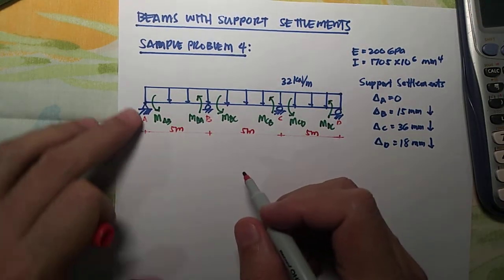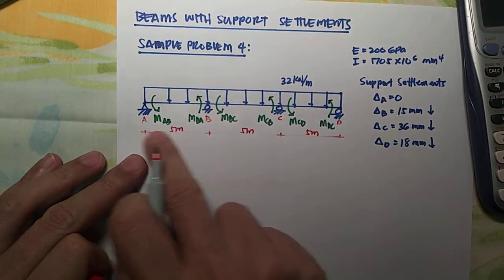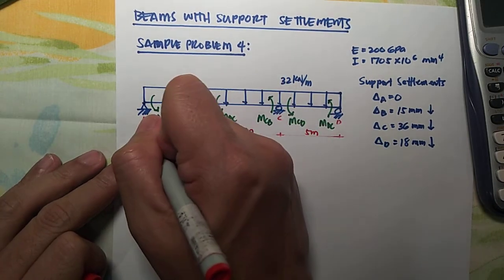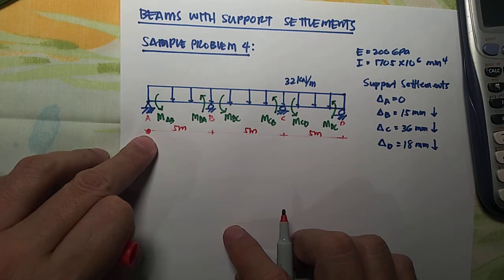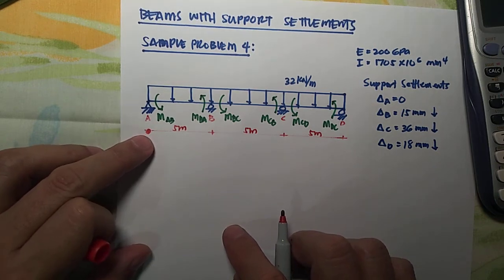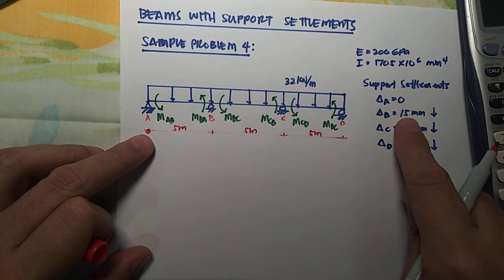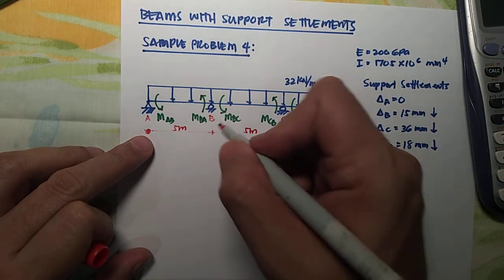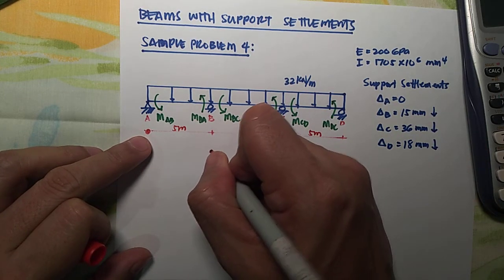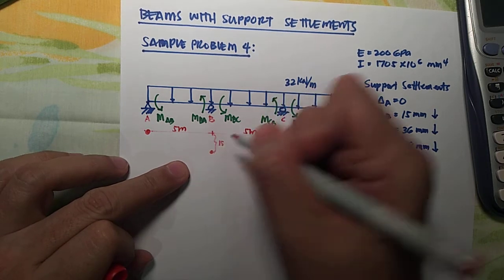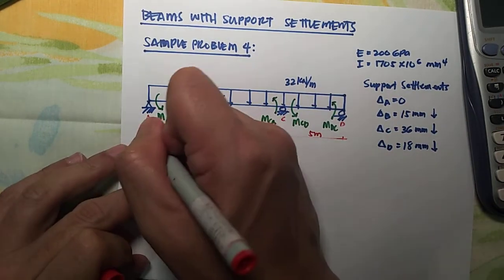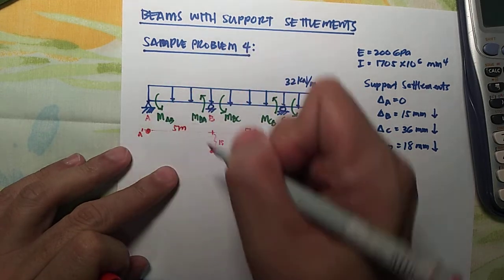Now, let us identify. If this is the original position of the beam, let's say this one, so support A doesn't yield, so the before and after location of point A would be at that point. Yung point B yielded 15 mm downward. So let's say this is 15 mm. So this is A prime.